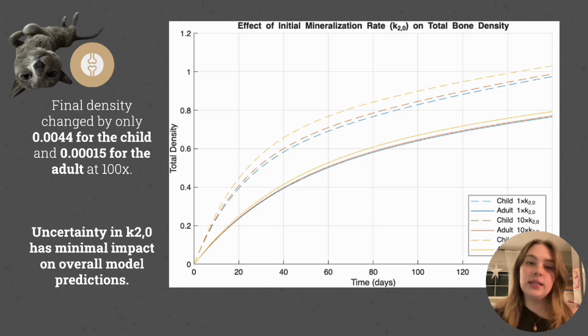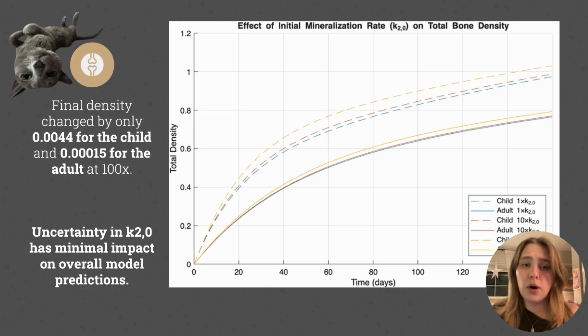As a part of assessing the reliability of our model, we examined how sensitive the predictions were to the estimated parameter K20, which represents the initial rate of mineralization of the soft callus into hard bone. Even when we scaled K20 up by a factor of 100, the final density only changed about 0.0044 for the child and 0.00015 for the adult, which is a very small number.